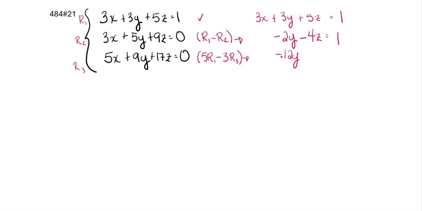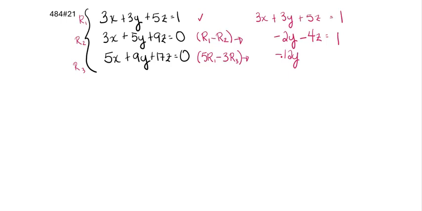Okay, and now I'm going to take my 5 and I'm going to multiply it by the original 5z, the black 5z in the first row, to get 25z. And then I'm going to take 3 times row 3, the black 17z, to get 51z.